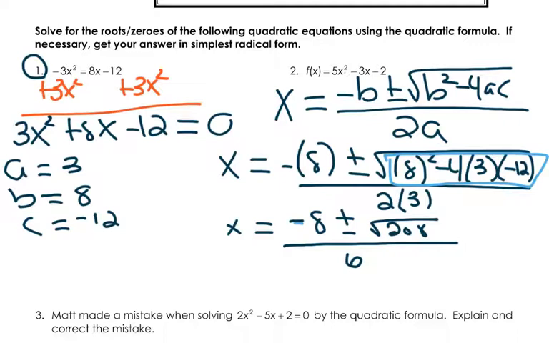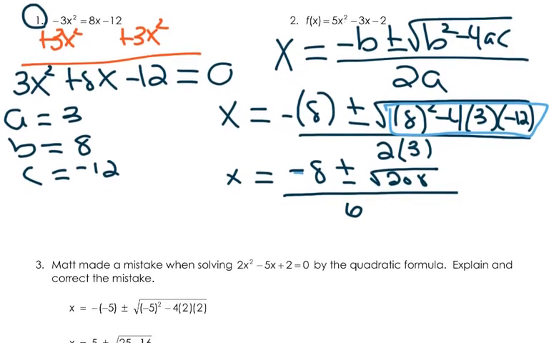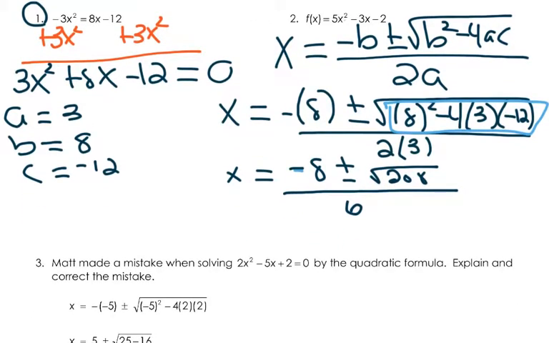So I'm going to move up a little bit, get us some more room. So on the side here, I'm going to take the square root of 208, and I'm going to start with some factors that will lead us into our primes.